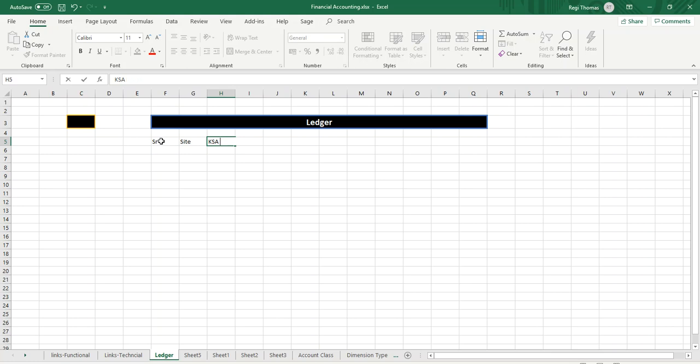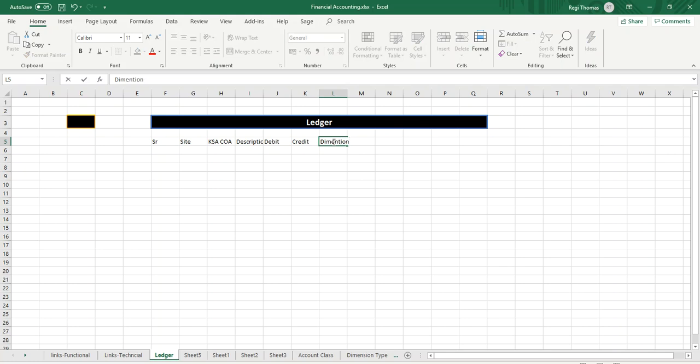There will be your accounts, and you will get the account description, and you will see your debit and your credit. If there is any dimensional analytical view, you will get dimensions.